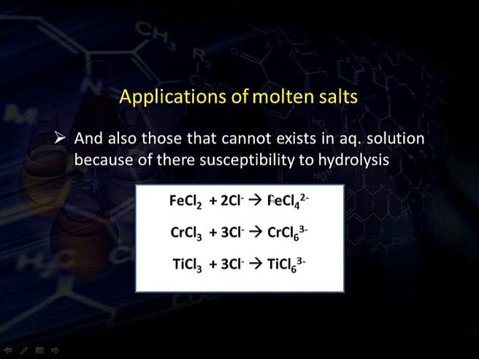So, these ions cannot exist in aqueous form because they are susceptible to water, that means they undergo hydrolysis, but they can exist in molten form. We have FeCl2 plus chloride ion, it gives FeCl4 2-, chromium chloride plus 3Cl-, it gives CrCl6 3-. We have titanium chloride plus 3Cl- ion to give the TiCl6 3- ion. So, this was all about the molten salt.